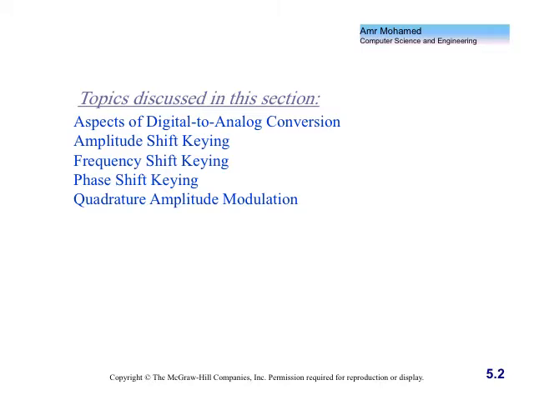Then what we will do is go through each technique, and we'll try again to calculate some measurements. For example, what is the signal rate for that technique? How do we calculate the bandwidth based on the signal rate? We know from Nyquist and from other theory how to calculate the bandwidth based on the signal rate.